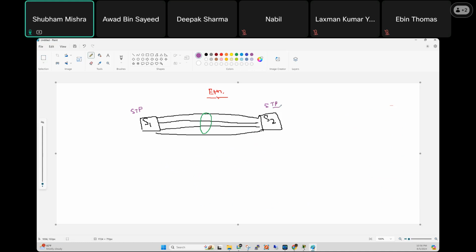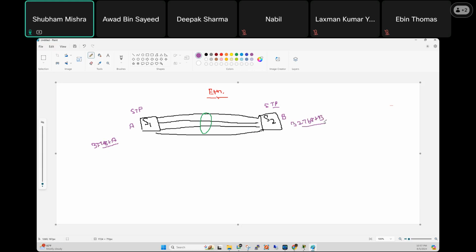And we already know from our STP classes that among these 2 switches, one switch will become the root bridge. For example, the MAC address of switch number 1 is A and the MAC address of switch 2 is B. The priority is 32768 plus A, and for the other it is 32768 plus B. Understand, everyone?